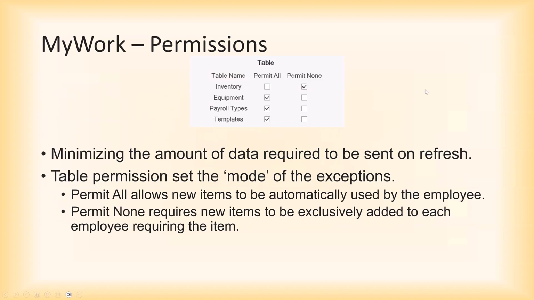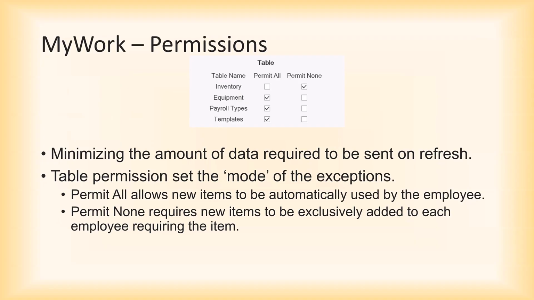Permissions, that's another big one because permissions take a lot of thinking about. Every exception to the table permission requires information to be sent across the wire for the employee. So again, we want to try to minimize it, yet we still want to have control over what the employee sees and what he doesn't see.